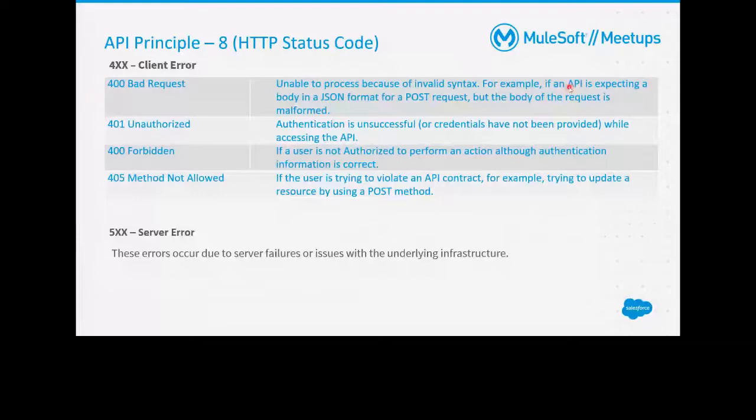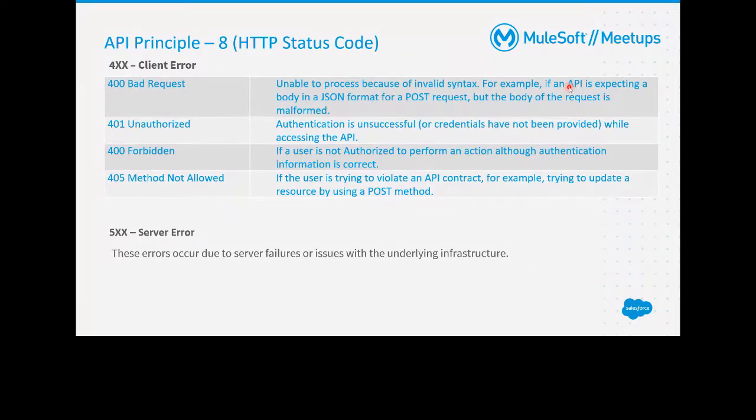An example is when you are expecting a JSON object, but it is malformed, like the quotes or the commas are missing. Another is when you are expecting a number but you are passing a string, or you are expecting a string and you are passing a number. Those are all part of bad request.